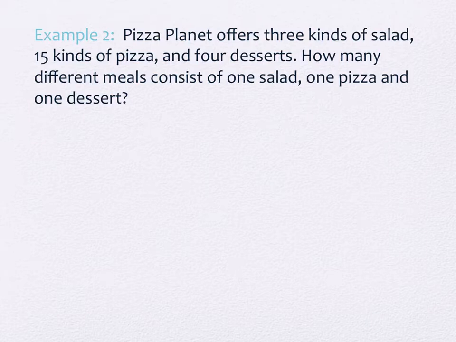We have the event of choosing a salad, and there are 3 salads. We have the event of choosing a kind of pizza, and there are 15 kinds of pizza. And we have the event of choosing a dessert, and there are 4 different kinds of desserts. The fundamental principle of counting says if we multiply these together, that's the total number of different meals that could be created. So if you have a calculator, grab it. What is 3 times 15 times 4?